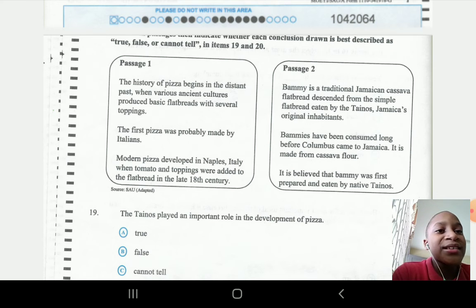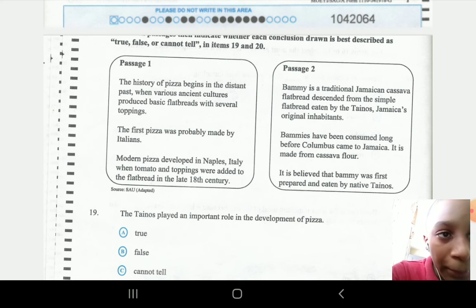The first pizza was probably made by Italians because of their accent. They're cool. Modern pizza developed in Naples. Oh, the modern pizza, the cheese, pepperoni.